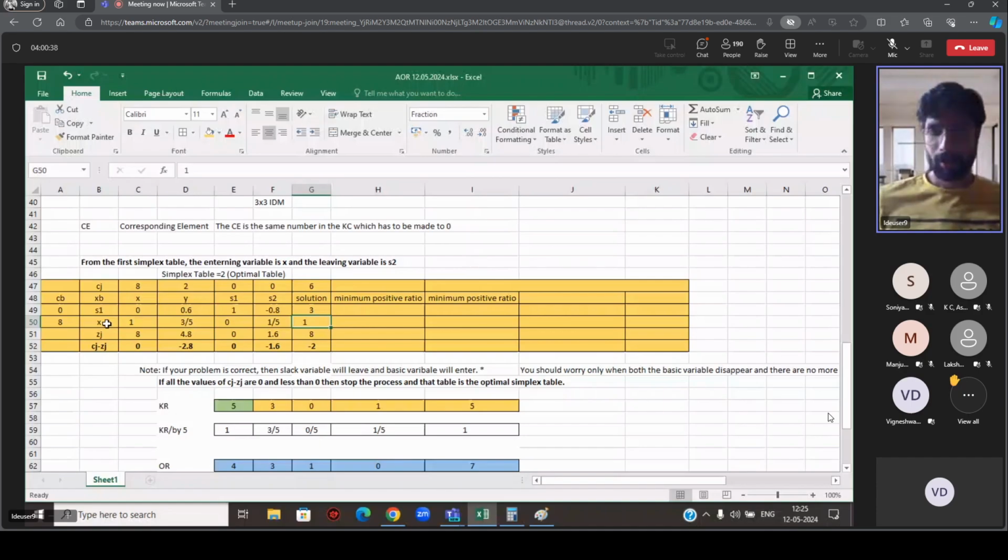But x is not in this row. X is in this row. In this row, what is the solution? The solution is 1. So I'm taking 1. And y is not there, so you take y as 0.